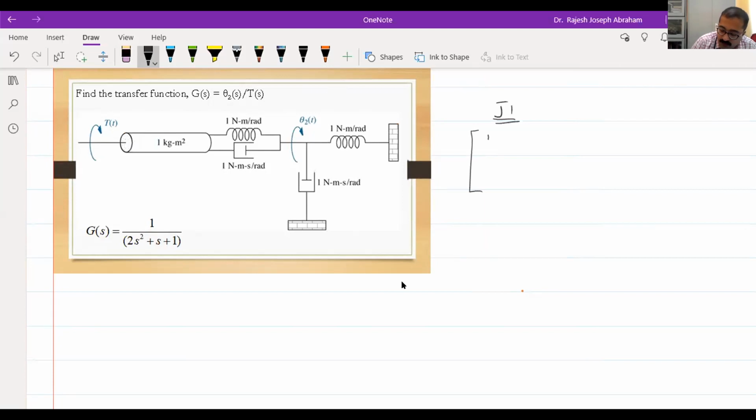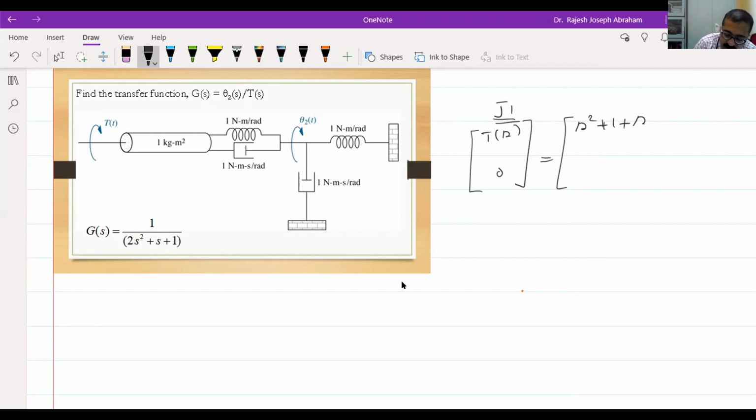That's applied torque. So you will get T of s. So here, you are given theta 2. That means you have to assume a point mass. Okay. So there's no applied torque here. That means 0. Equal to what? What are the terms corresponding to the first entry? It will be theta 2. So it will be s square plus s plus 1.